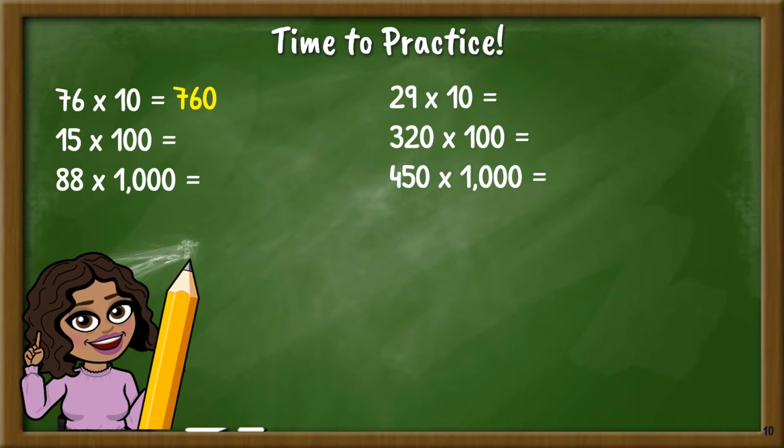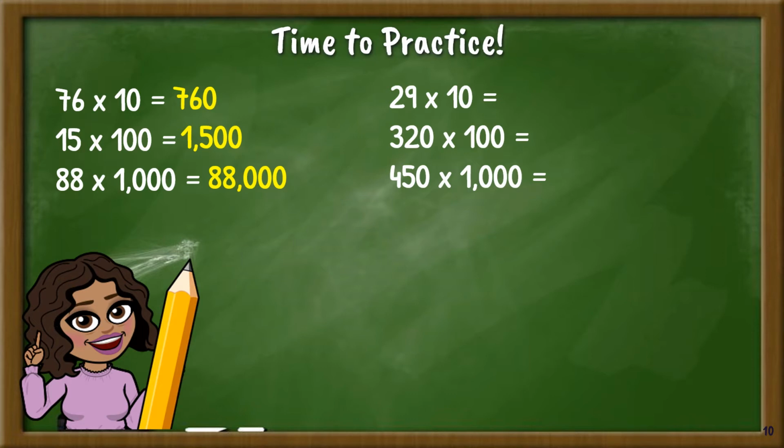So our 15, based on the pattern, will be increased by two zeros, giving us a product of 1,500. Then we have 88 times 1,000. Based on what we know from our pattern, 88 is being multiplied by 1,000, which has three zeros. Therefore, 88 times 1,000 will become 88,000.